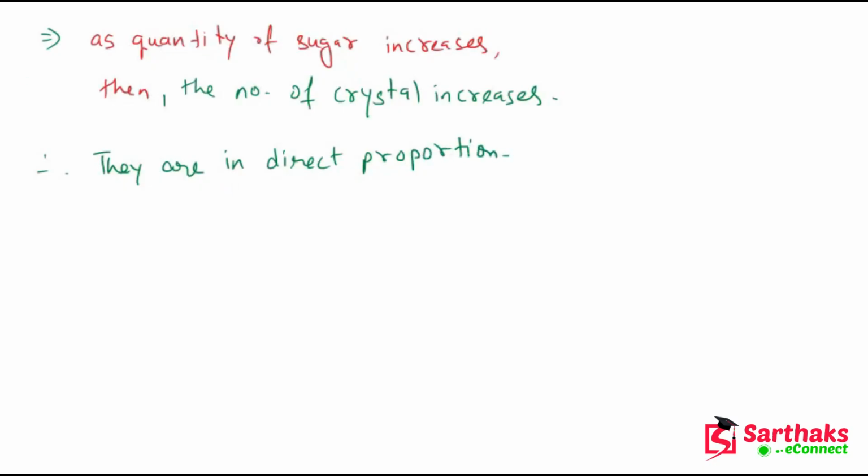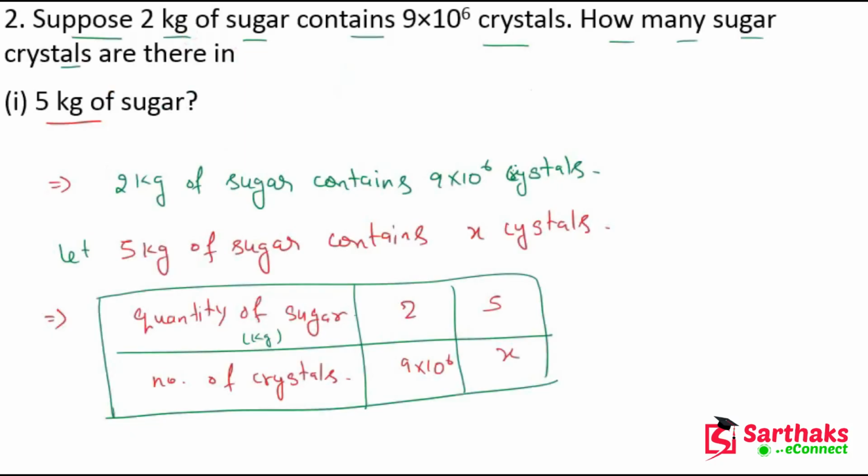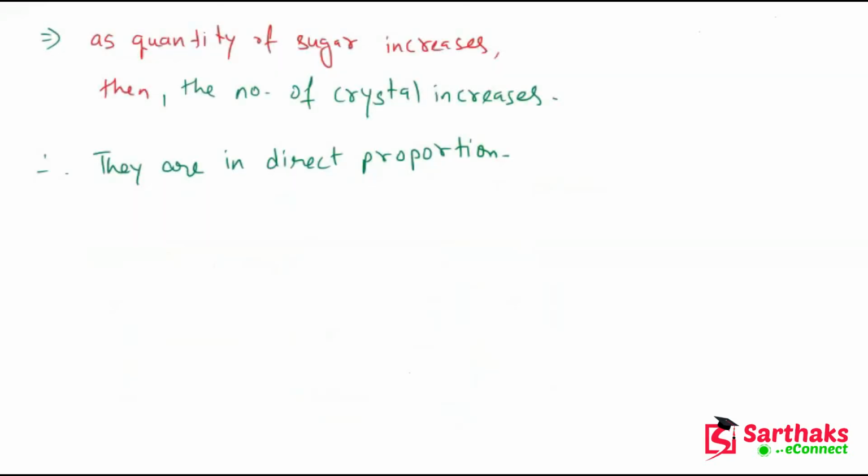Okay, so if these two variables are, let's suppose, x and y, and they are in direct proportion, here we can write this is x1 and this is x2, this is y1 and this is y2. And when two variables are in direct proportion, then we can write x1 upon y1 is equals to x2 upon y2.